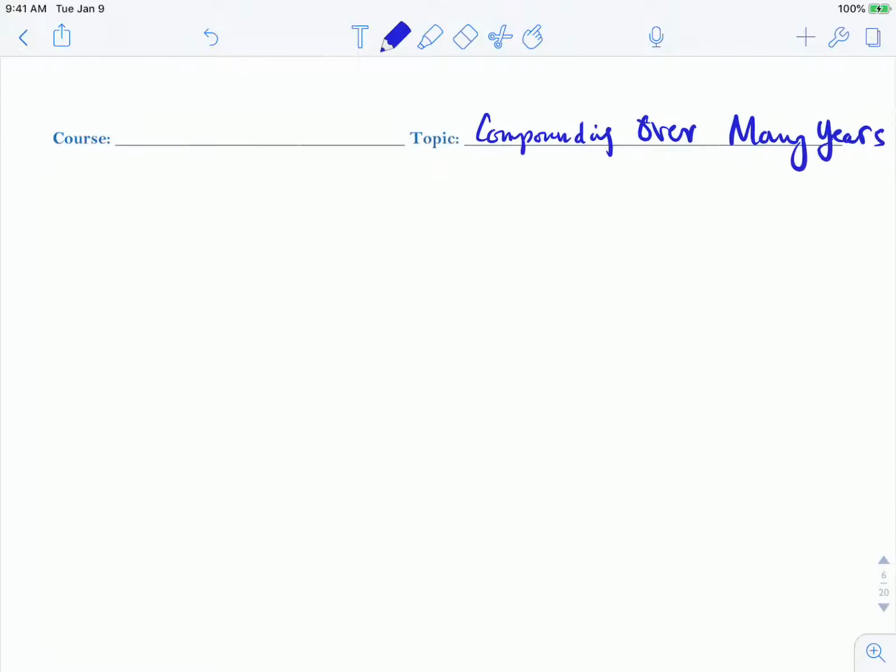So welcome back to another part of learning about compounding. So here we'll talk about compounding over many years.